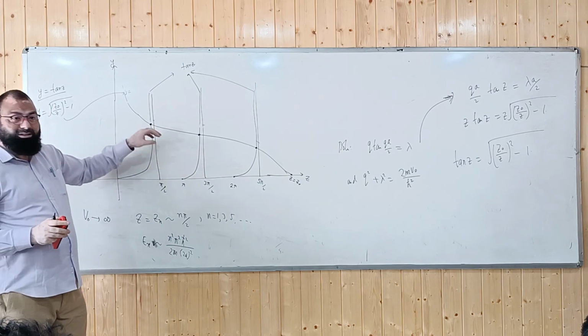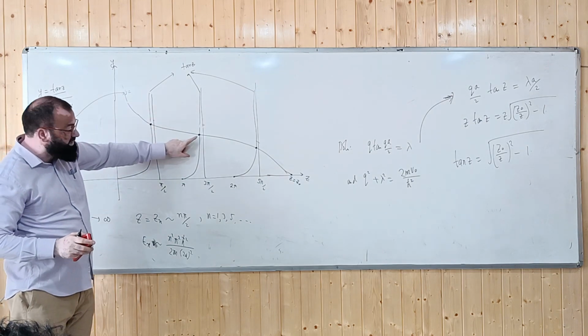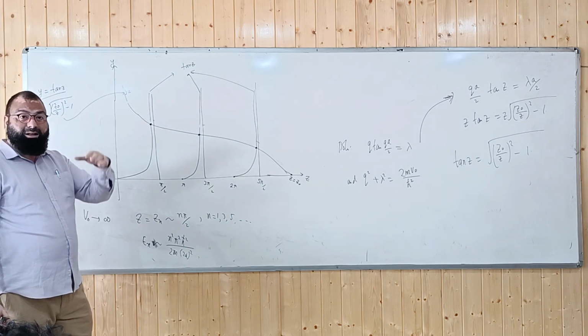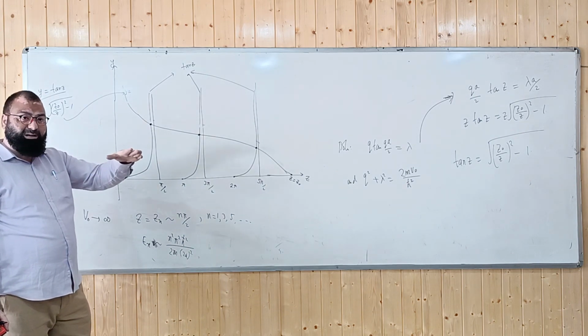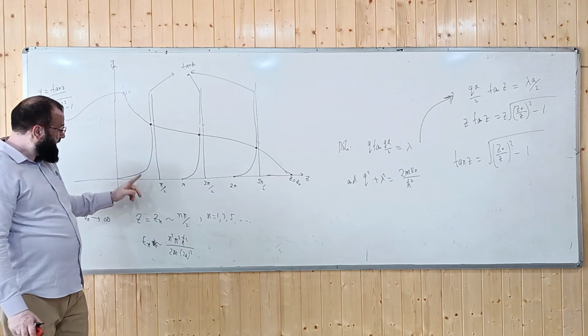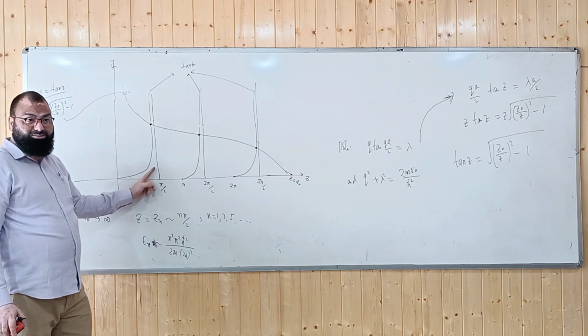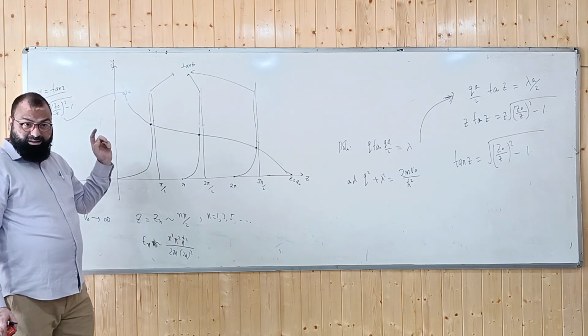That means when there are only a few points where there is an intersection, only a finite number of bound states exist. When this v naught completely becomes 0 or near to 0, there will be only one possible bound state. Only in one case it will touch this axis.